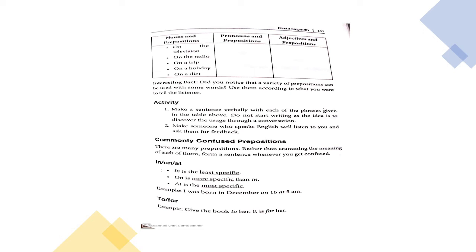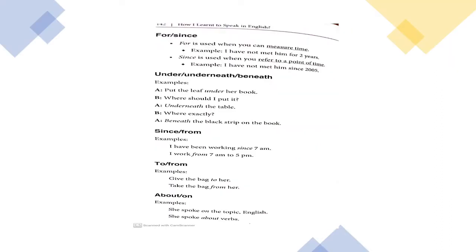For example, give the book to her, it is for her. For and since. For is used when you can measure time. For example, I have not met him for 2 years. Since is used when you refer to a point in time. For example, I have not met him since 2005.